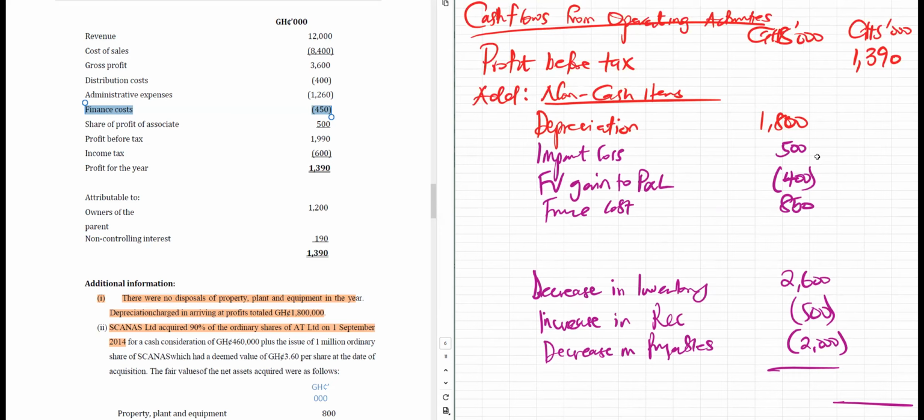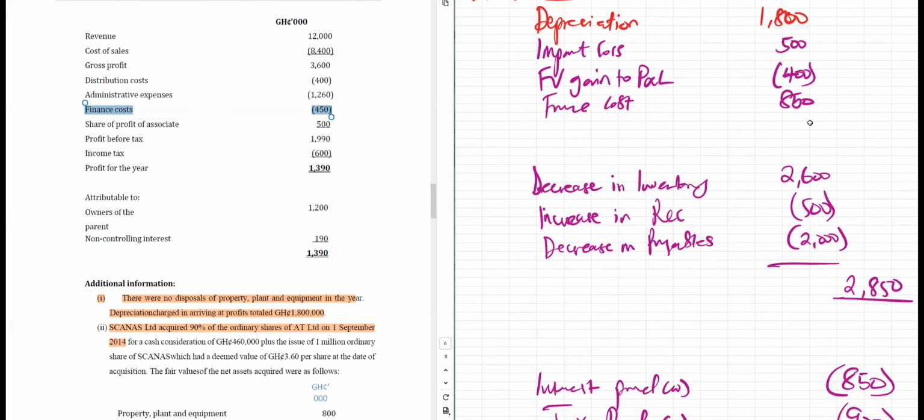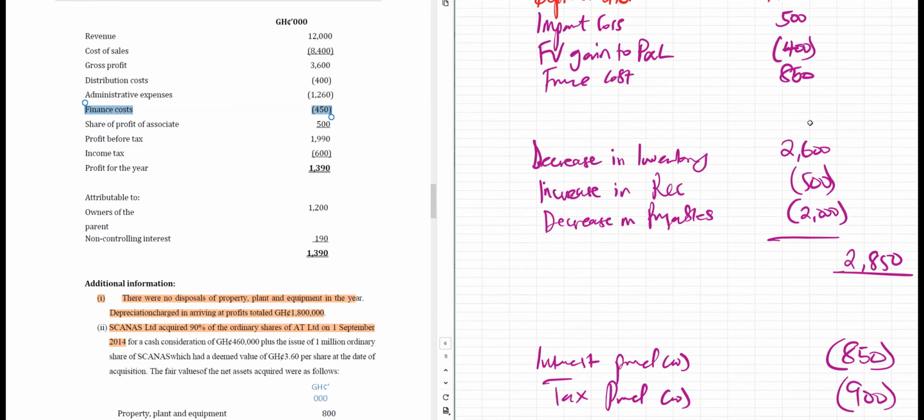So 18 plus 500 minus 400 plus 850 plus 26 minus 500 minus 2,000. That's 2,850, plus 1,390. That gives us 4,250.